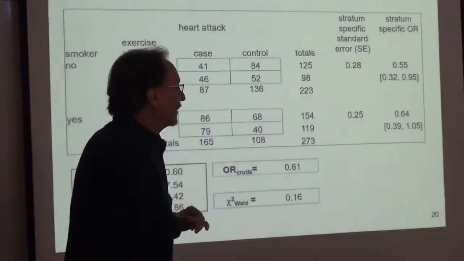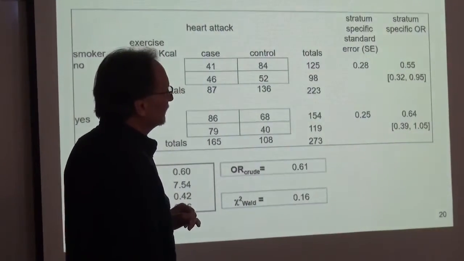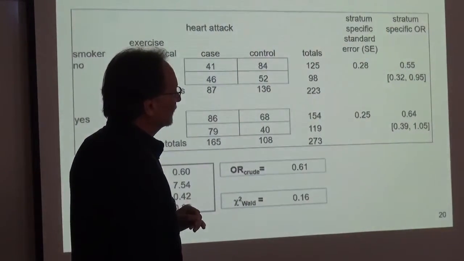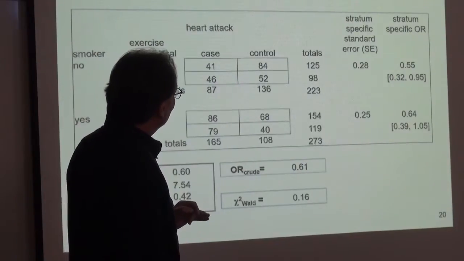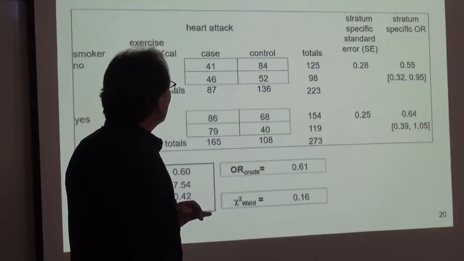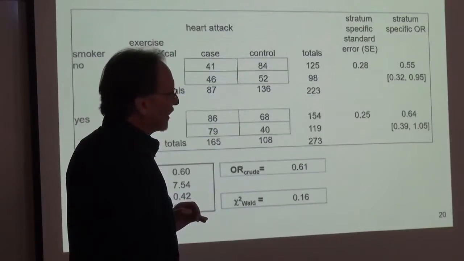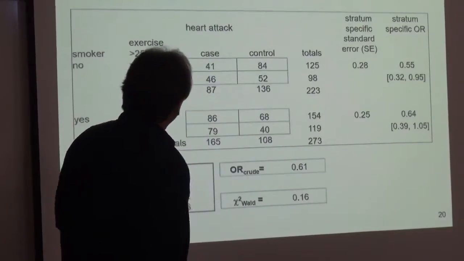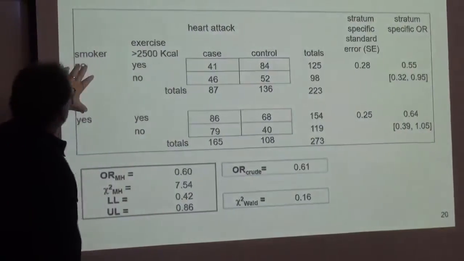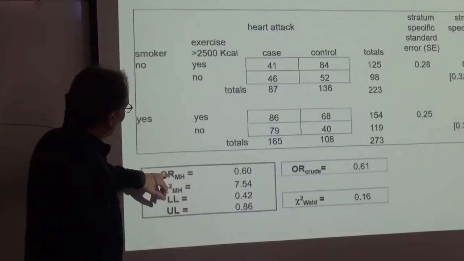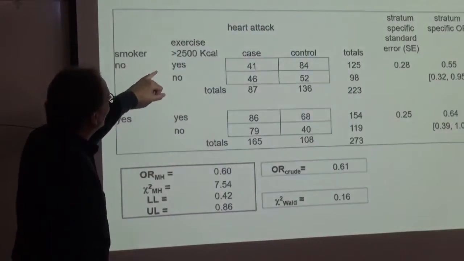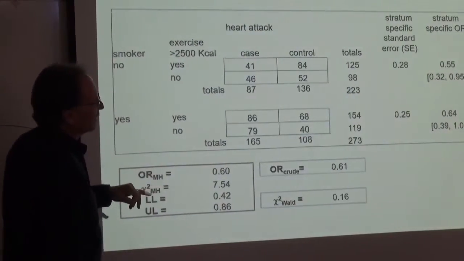Yes? So would we use the Mantel-Haenszel odds ratio for the first block of data because it came out to be significant in that it was under 1? No, the Mantel-Haenszel is a summary of both together. While we are controlling for this potential confounder of smoking behavior, we're seeing whether or not there's a protective effect for exercise.